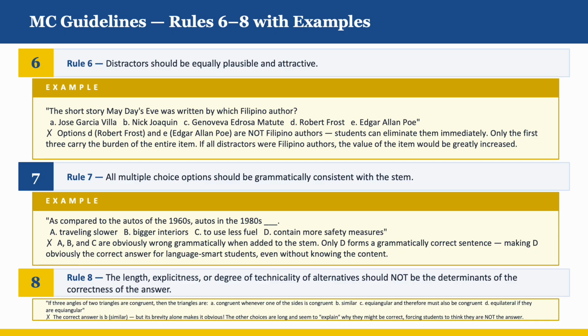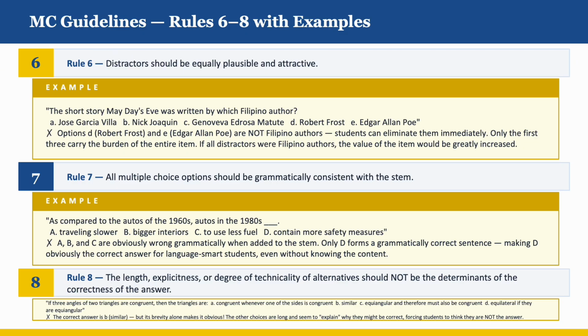So for example, autos in the 1980s blank. A. Traveling slower. B. Bigger interiors. C. To use less fuel. D. Contain more safety measures. So only D completes the sentence grammatically. So grammatically aware students can get it right without knowing anything about cars. So that's a bad design.